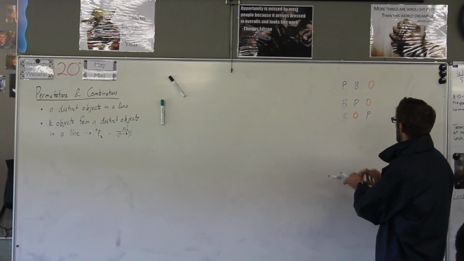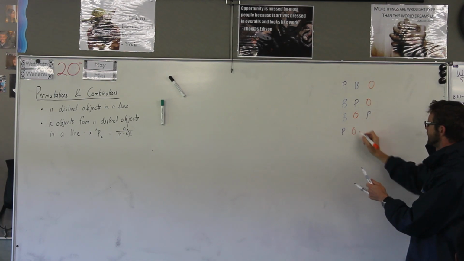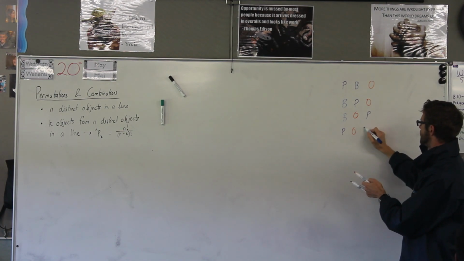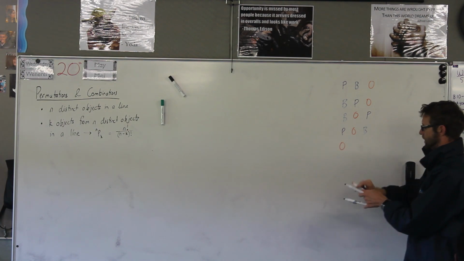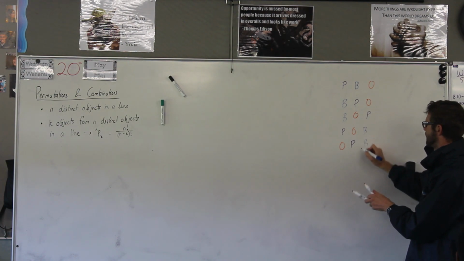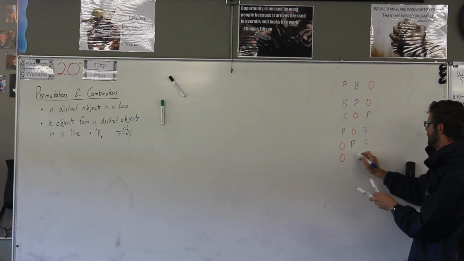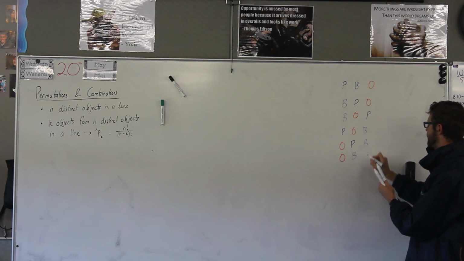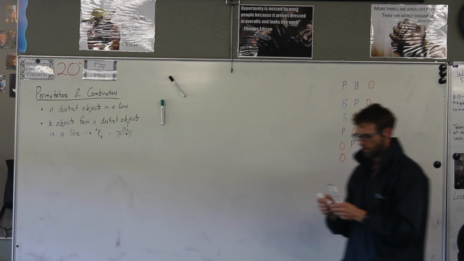So we could have purple, orange, blue. Or we could have orange, purple, blue. Or we could have orange, blue, purple. And those are the only options. Right?